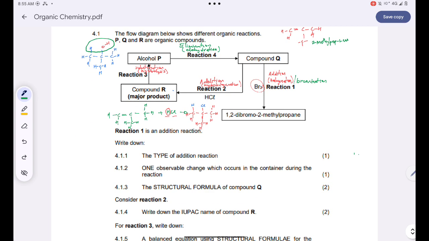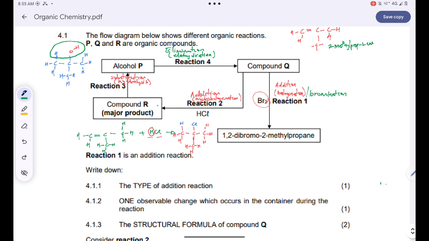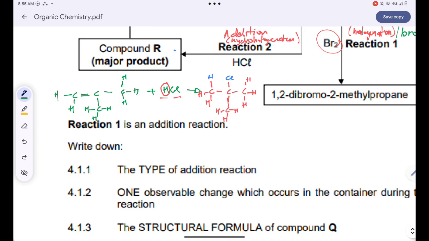For reaction 1, we are told that reaction 1 is an addition reaction. Okay, and we did say that reaction 1 is addition, right? 4.1.1, write down the type of addition reaction. This is halogenation. Reaction 1 is halogenation, or you can simply say it's bromination.